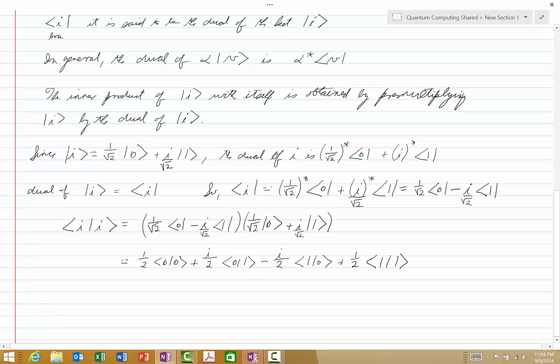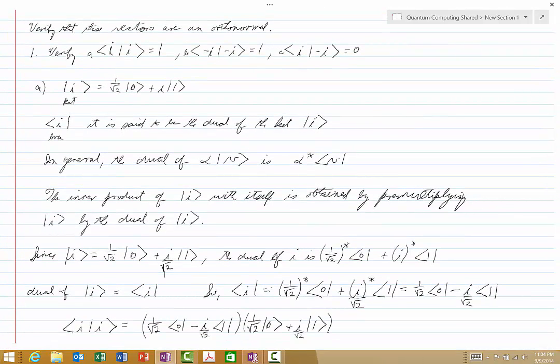Sorry, I guess I've made this mistake throughout the entire presentation. So just to make sure that this is clear, the ket I is defined as 1 over square root of 2 times the 0 ket plus I over the square root of 2 times the 1 ket.